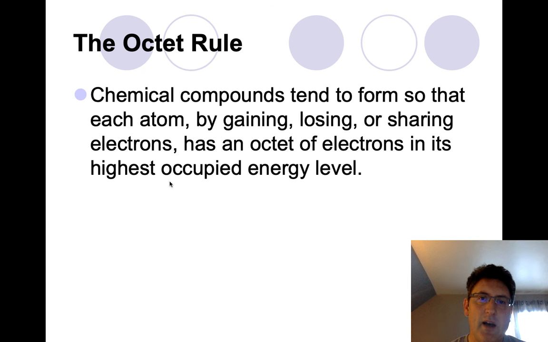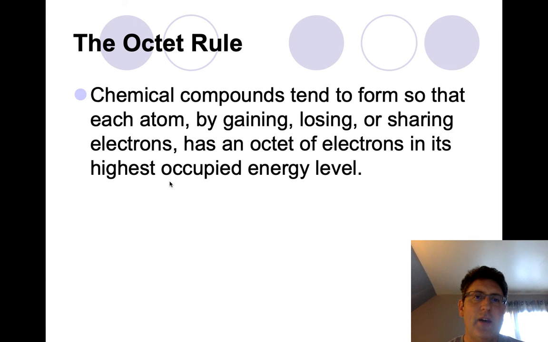Okay. So lastly, before we get to drawing Lewis structures, and like I said, you're going to have two videos to watch during this time, I just want to talk real quick about the octet rule. And this kind of goes back to chapter 4 and electron configurations.